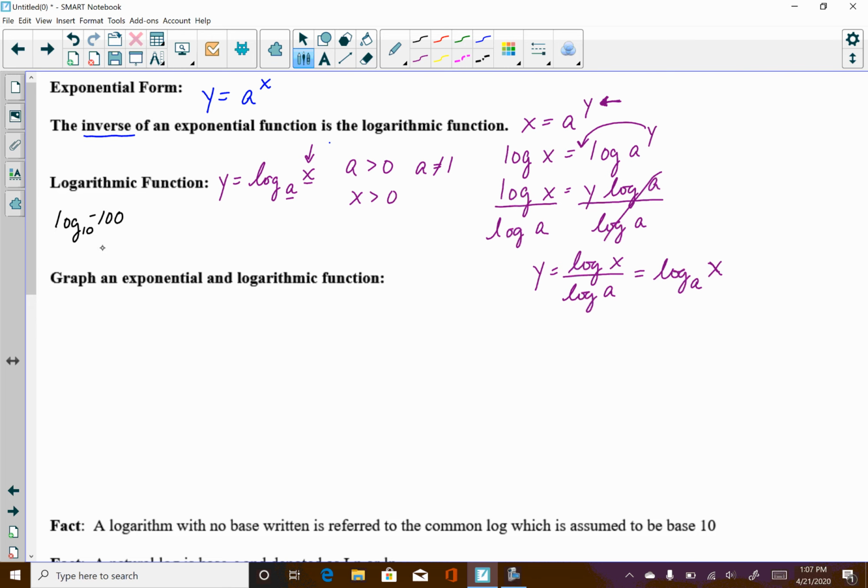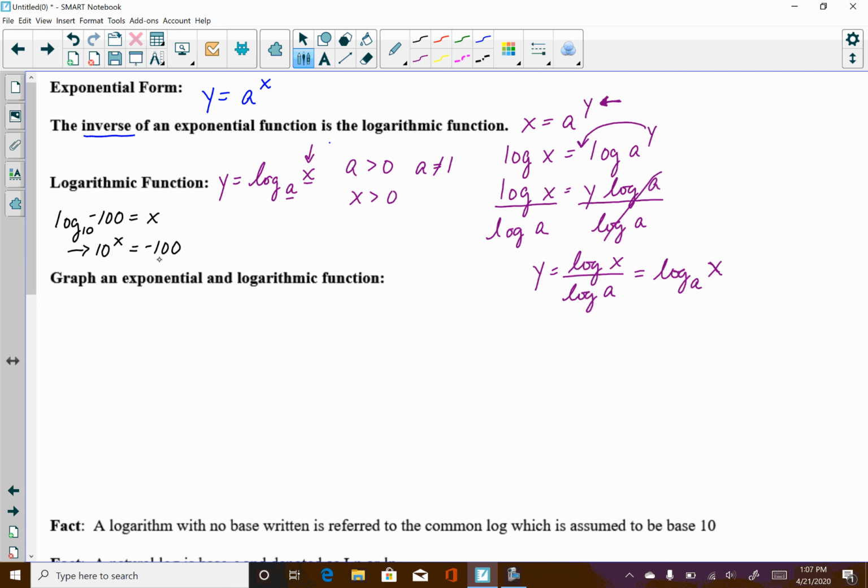And so what that means is we're trying to figure out 10 raised to what number equals -100. I mean, that's what we're trying to find. We're trying to find the log of -100. And so if you were to type it in your calculator, here's what your calculator is trying to figure out. It's trying to figure out 10 to what power would equal -100.